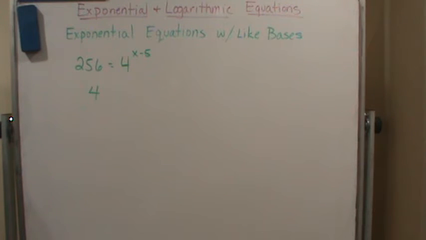Okay, so in this case, what do we get? Well, if you divide by 4, you can get 4 to the 4th.